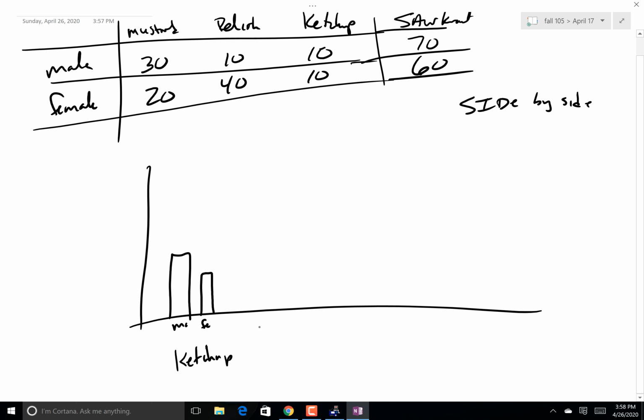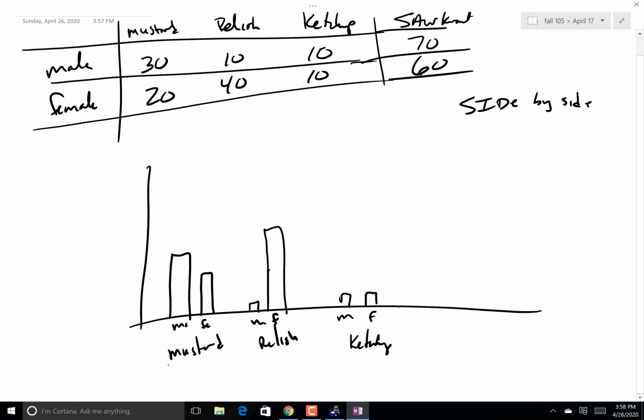Then relish, male, female, and break that out like that. And then ketchup. And then sauerkraut. Nice. And that'd be a side-by-side bar chart.